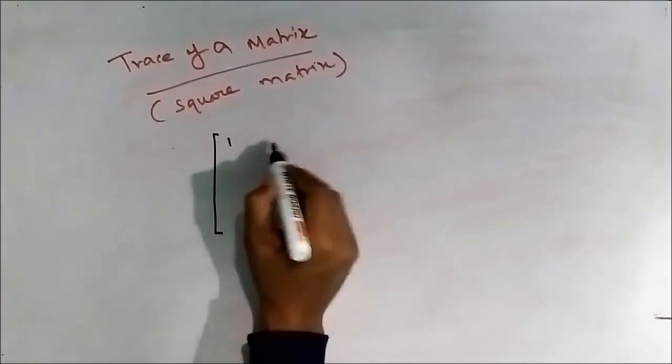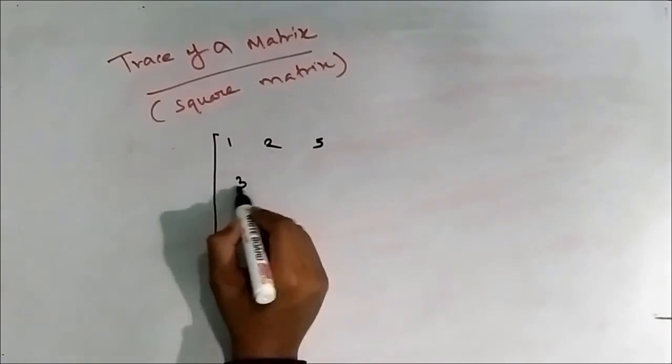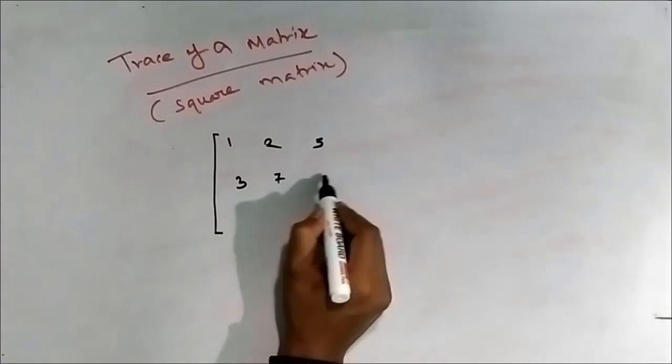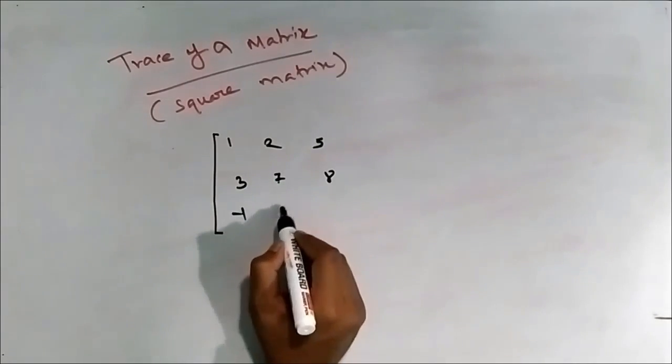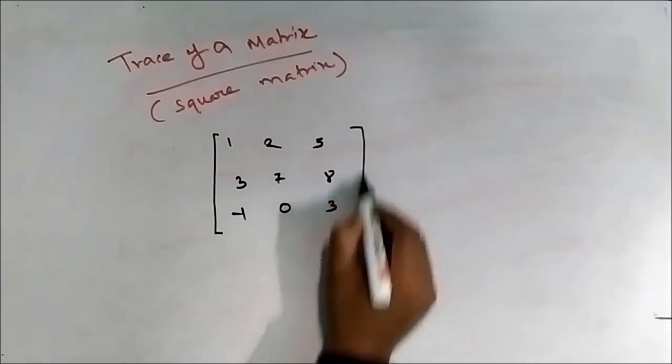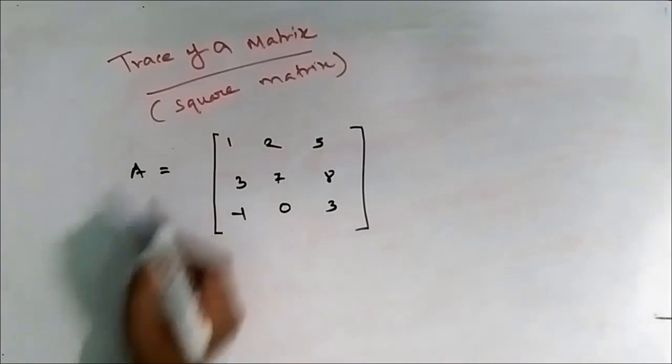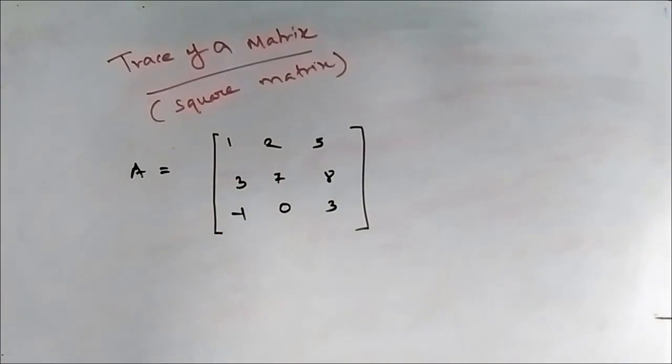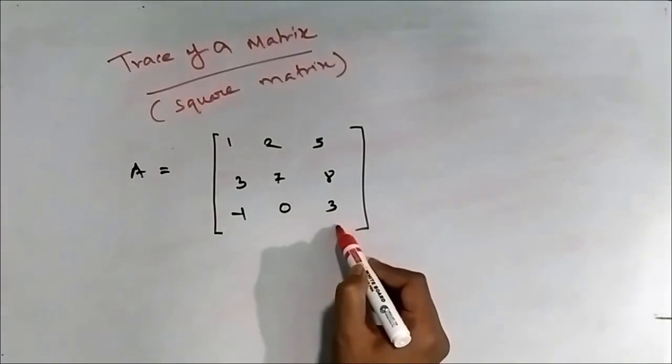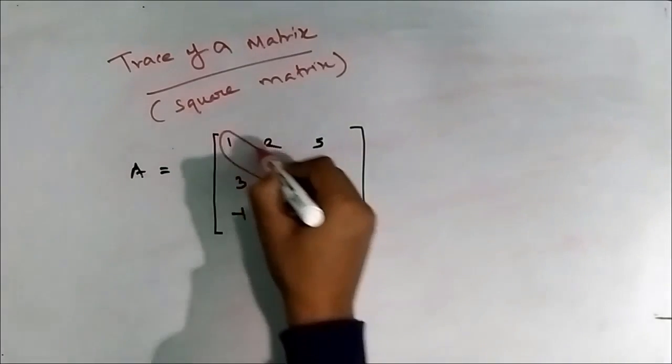Suppose this is a matrix: 1, 2, 5, 3, 7 and 8, minus 1, 0 and 3. So here you can see this is a square matrix, and if you want to find the trace of a matrix, then the matrix must be a square matrix, and we will deal with the principal diagonal elements. So here the principal diagonal elements are 1, 7 and 3, okay?